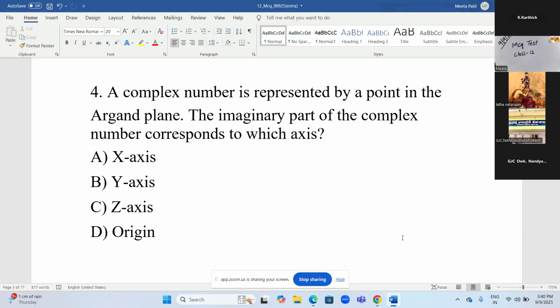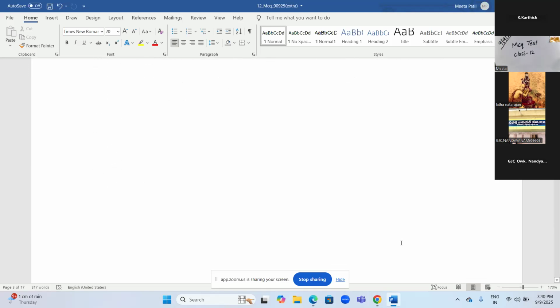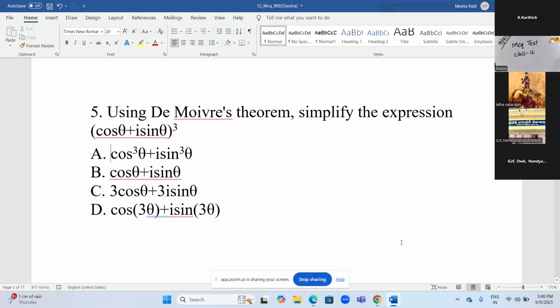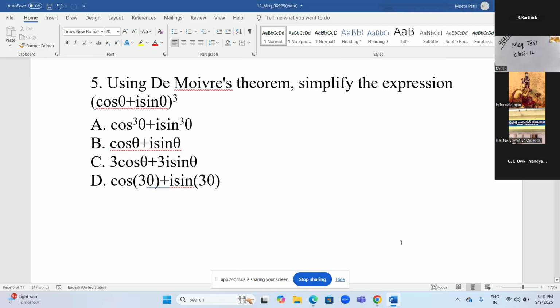Okay, students, we are moving to the next question. That will be your fifth question. Using De Moivre's theorem, simplify the expression (cos theta plus i sin theta) whole power 3.